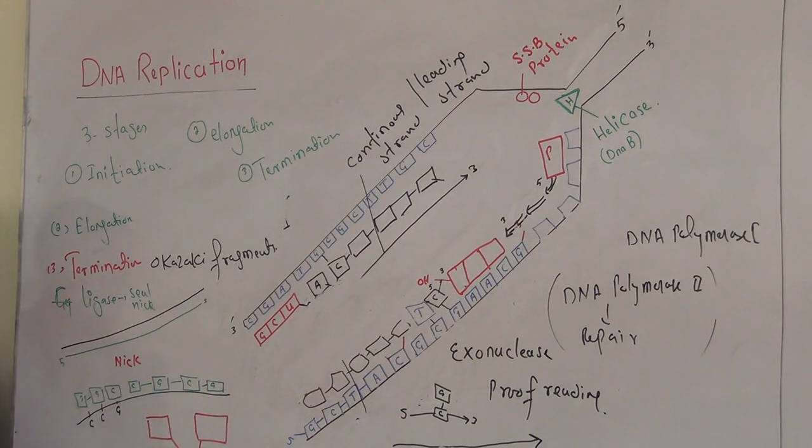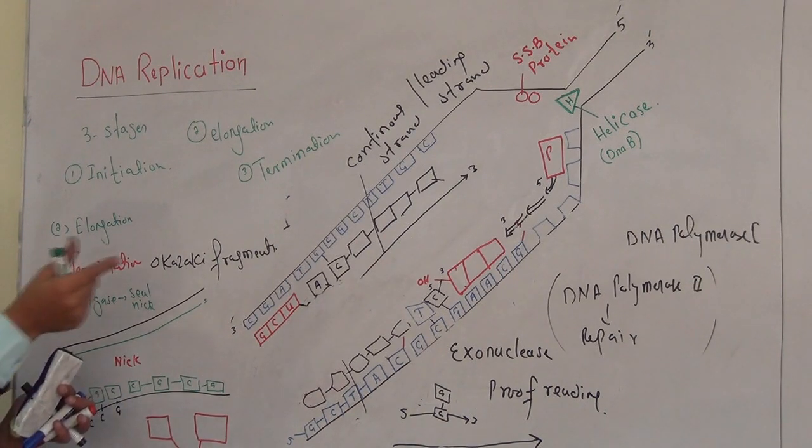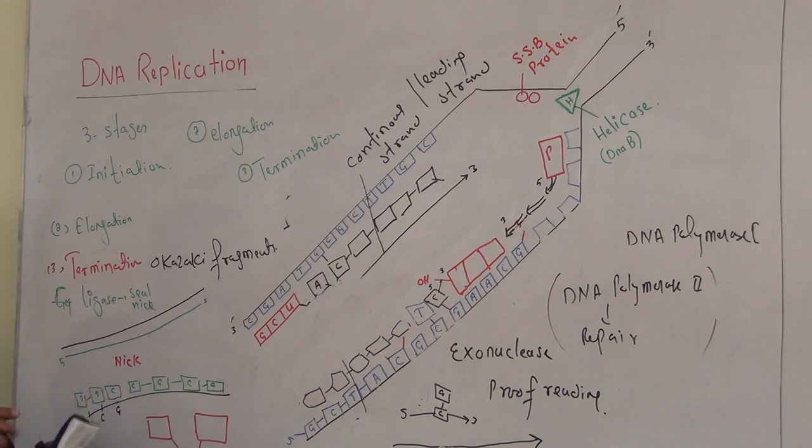Number 2, it has the ability of proofreading. Proofreading, as I already discussed, is mainly done by polymerase 3, and more proofreading is done by polymerase 1. So polymerase 1 has 2 functions. Number 1, in place of the primer, add the nucleotides. Number 2, proofreading. And the ligase step was done.